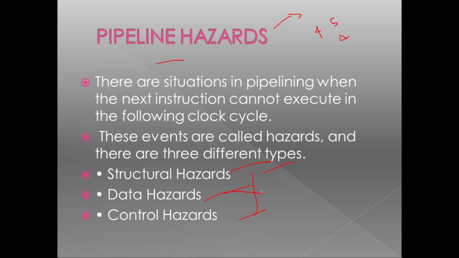And the data hazard: the data hazard occurs because of the previous output. If instruction 3 is facing an issue, it is because the output of instruction 2 has not provided any result yet. Because of this the problem occurs, and this problem is known as a data hazard.